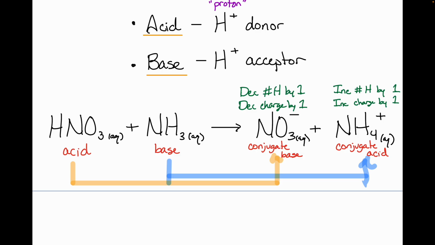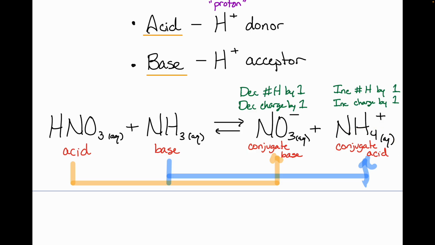All right? So why is it that the acid and the conjugate base are paired and the base and the conjugate acid are paired? That seems kind of backwards here. But remember, we've updated the way that we look at chemical reactions in this course, where we're no longer just looking at them as going in one direction. If we were to look at this reaction in the reverse direction, what would be playing the role of the acid, the proton donor, would be your conjugate acid.